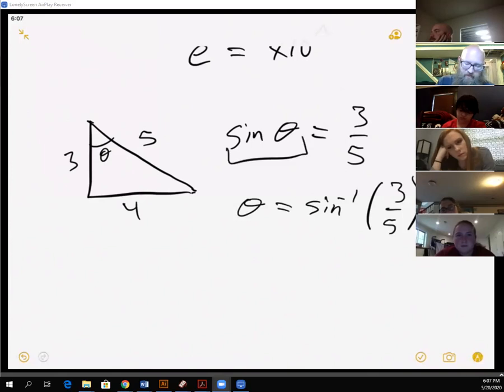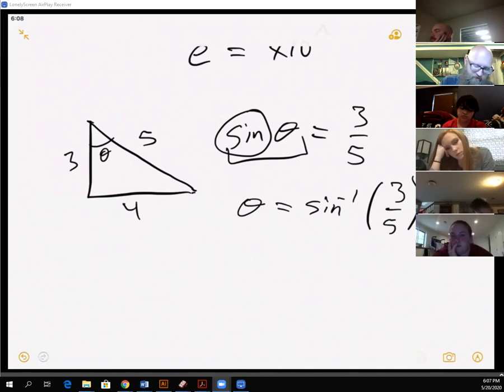You can do 3/5, that's a number. But if I want to get what angle that is, I need some way to get rid of sine, to unsine. It's similar to an unsquare root.